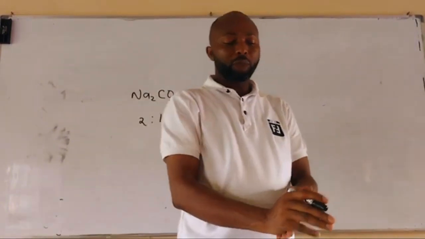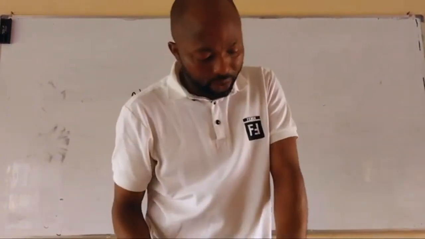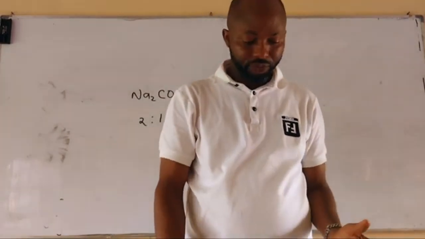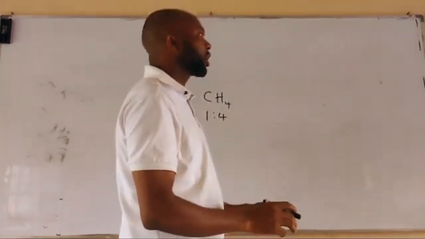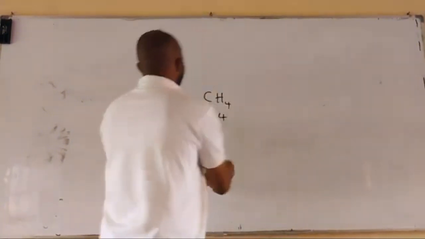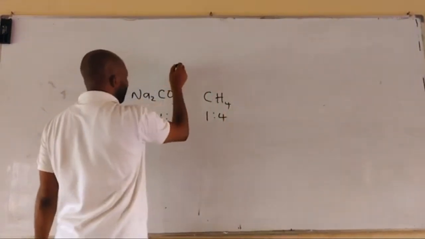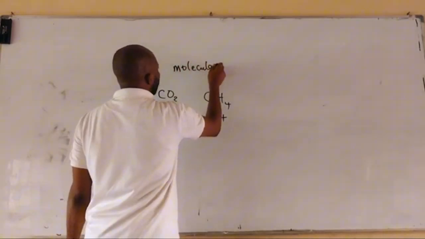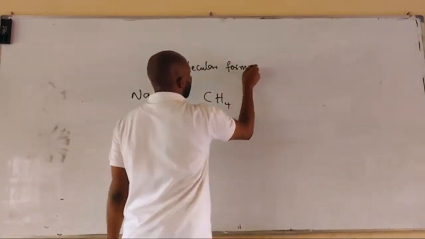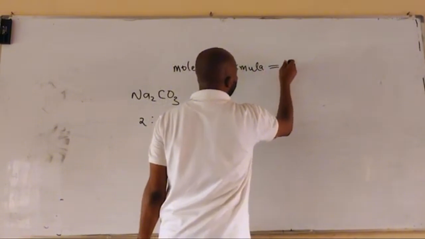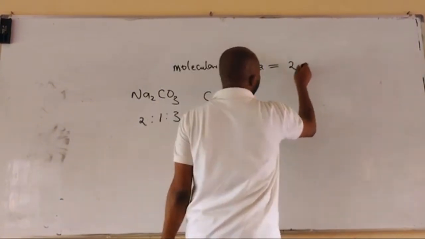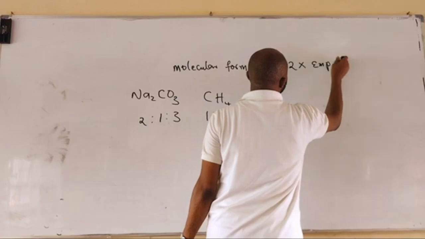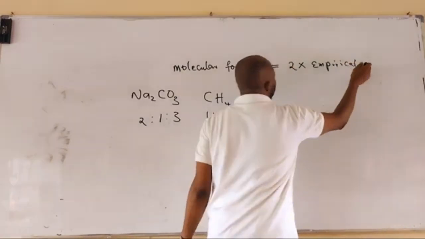Then the molecular formula indicates the actual number of atoms of each element present in the compound. Now, we also know that the molecular formula, by definition, is equal to 2 times the empirical formula.